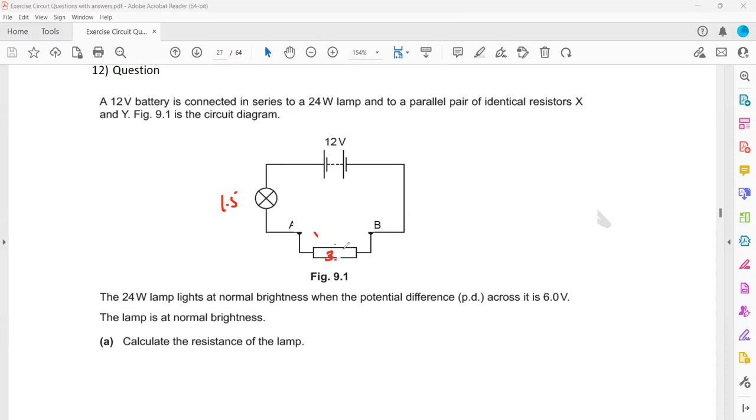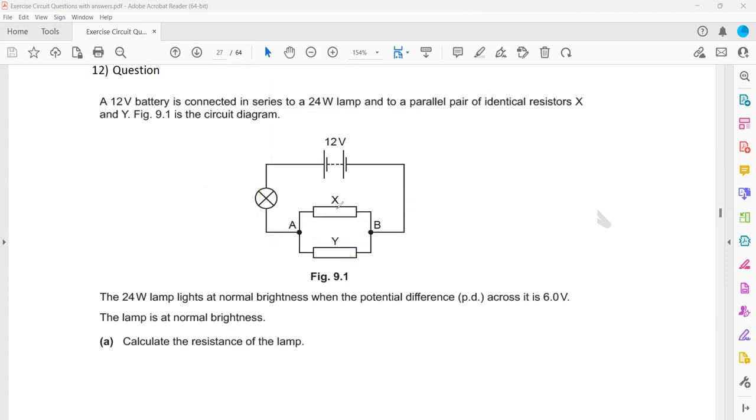Since Y has a 3 ohm resistor and this combination is in series, there will be more voltage across Y compared to before. As the resistance of this part increases, there will be more voltage across Y, maybe 8 volts across Y. So the remaining 4 volts will be across the lamp. That's why the brightness of the lamp decreases.